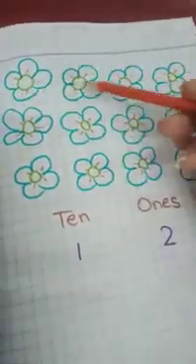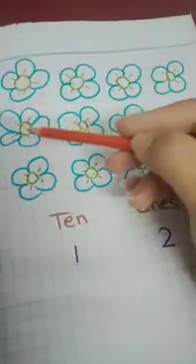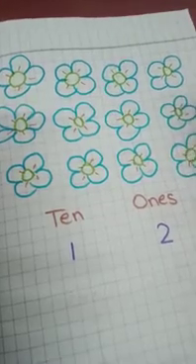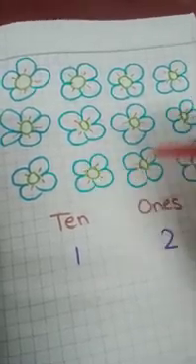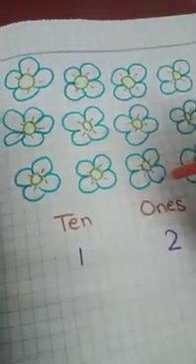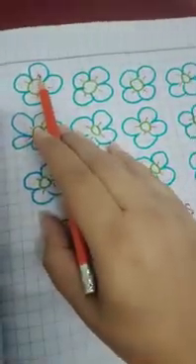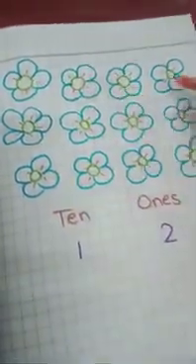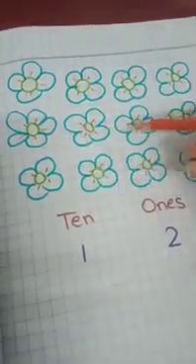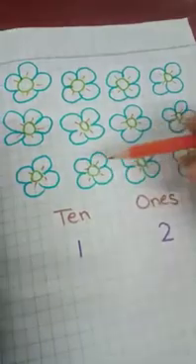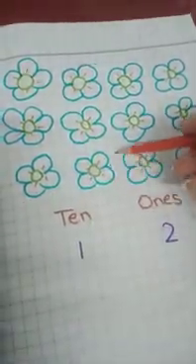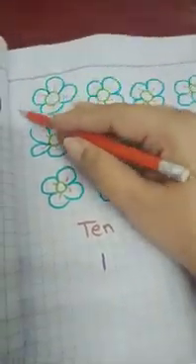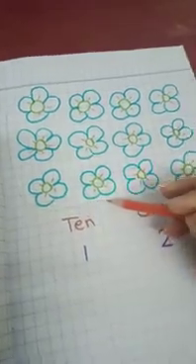You have to make a circle around 10 flowers. First count the 10 flowers, 1 to 10. Like this, you have to make a circle around the flowers slowly. Very good. That's great.